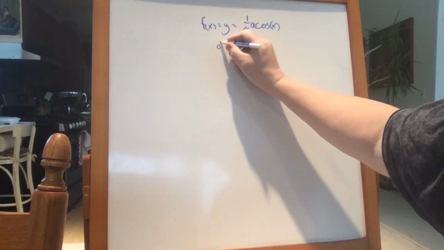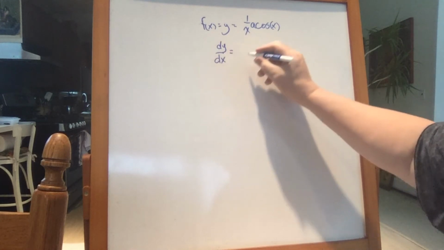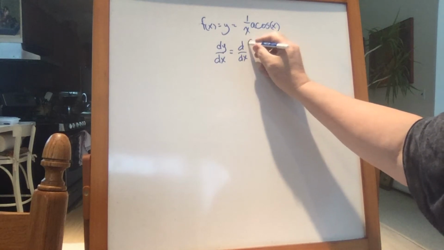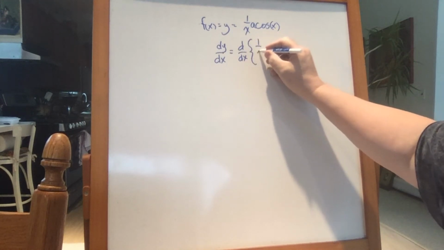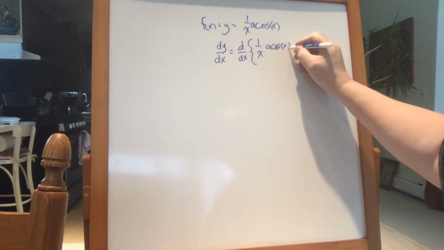So dy/dx equals d/dx of 1 over x times the arc cosine of x.